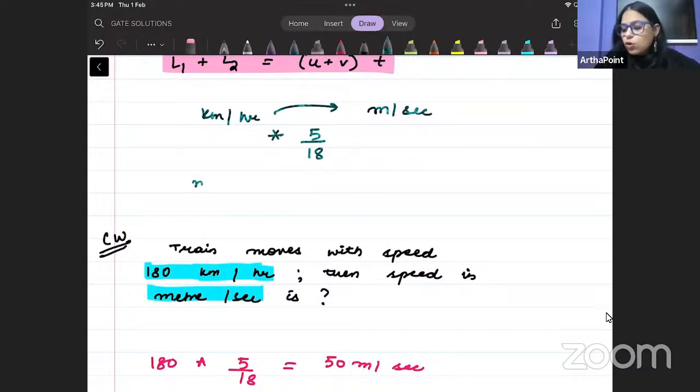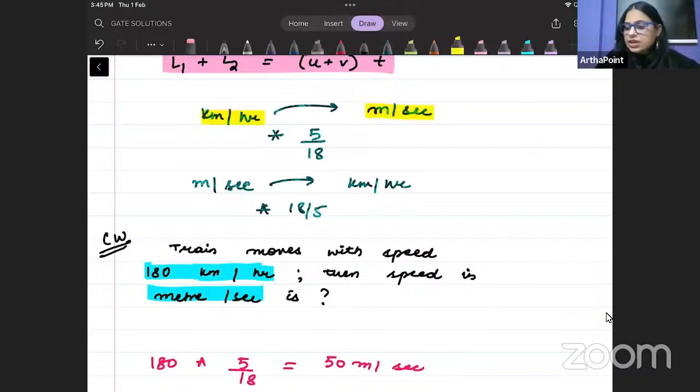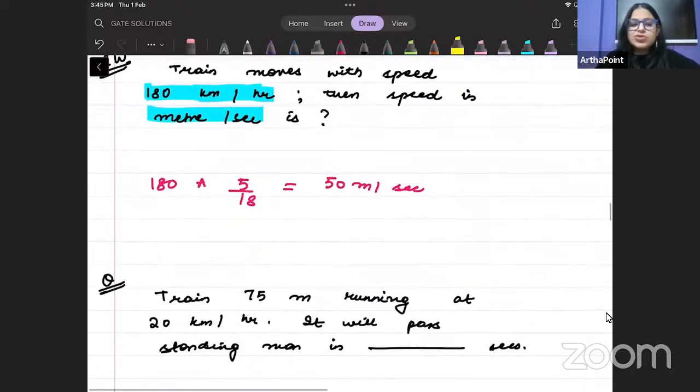And if you want to go from meter per second into kilometer per hour, you will multiply with 18 by 5. So whenever you want to go from kilometer per hour to meter per second, you multiply with 5 by 18, and whenever you want to go from meter per second into kilometer per hour, you multiply by 18 by 5.